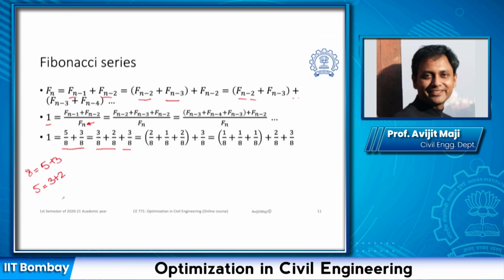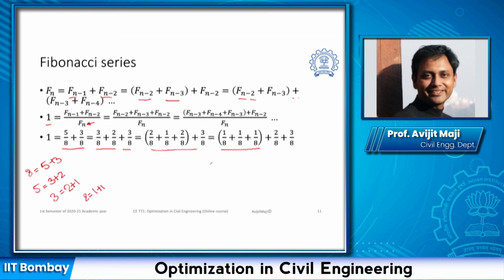Then the 3 is 2 plus 1, so here we are representing that 3 as 2 plus 1. We already had 2 by 8, so we have the complete series like this. Then 2 is represented by 1 plus 1, so we are representing that in this way.